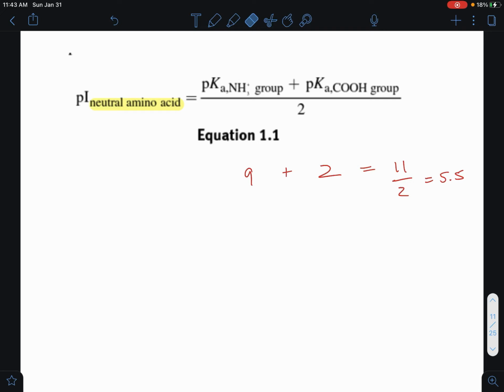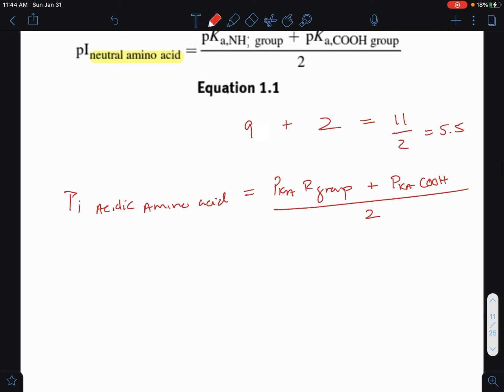Now in determining the isoelectric point of an acidic amino acid, let me draw it out here. You are going to use the pKa of the R group and the pKa of the carboxylic group and divide that by 2.